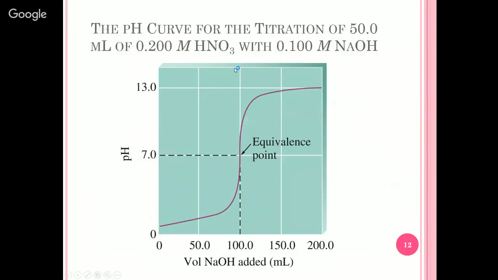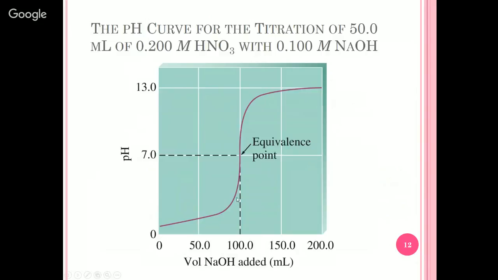So in this example, we are titrating 50 milliliters of 0.200 molar nitric acid with 0.100 molar sodium hydroxide. So the base is in your burette, and the nitric acid is in your flask. Initially, when we have not added any base, we see that the pH is maybe about 1. As we add the base, we see a slight increase in the pH.